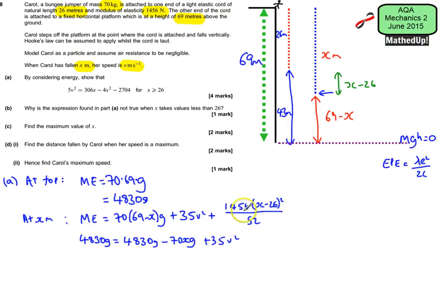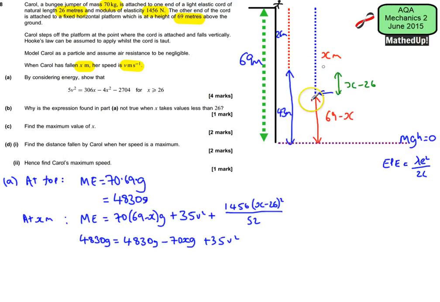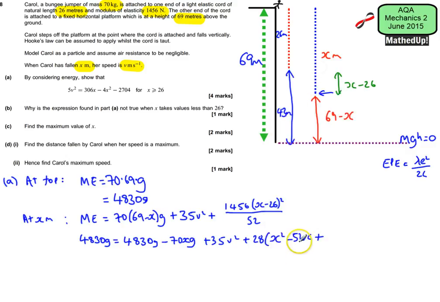And then let's work out 1456 divided by 52, and that's 28. So we're going to have plus 28 X take away 26 squared, and if I expand that, I've got X squared take away 52 X plus 26 squared, which is 676.